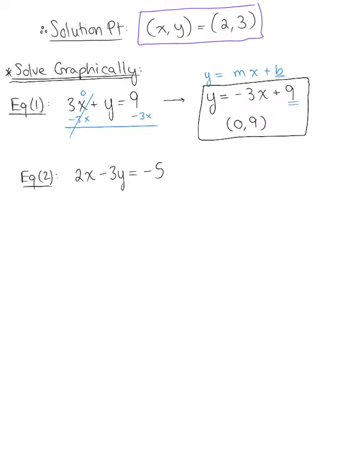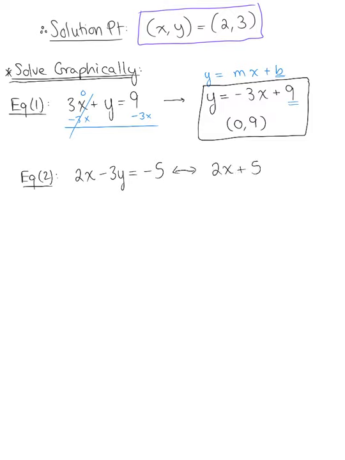I'm going to switch the positions of the minus 3y and minus 5. This is equivalent to 2x plus 5 is equal to 3y. We do that so everything's positive. So I have 3y is equal to 2x plus 5.